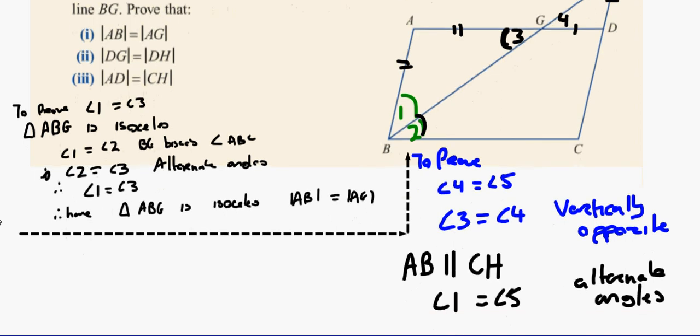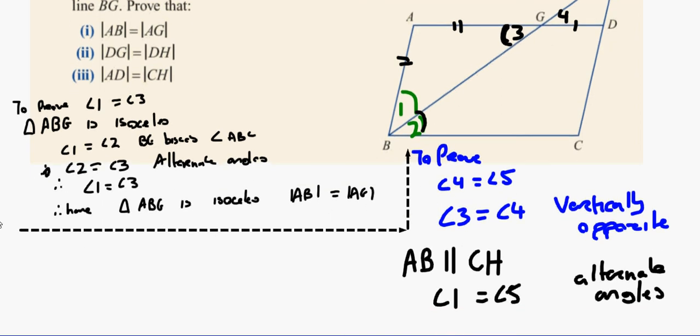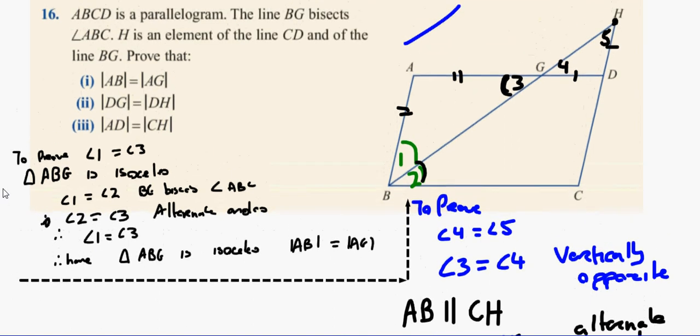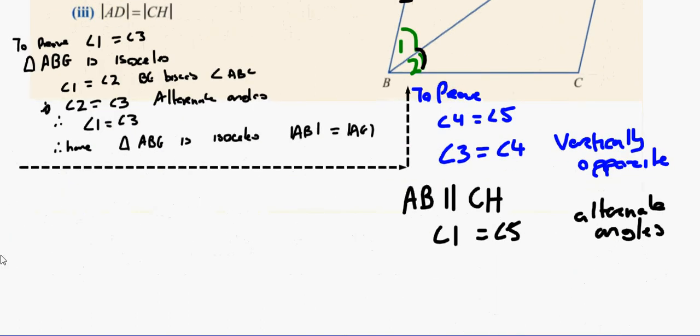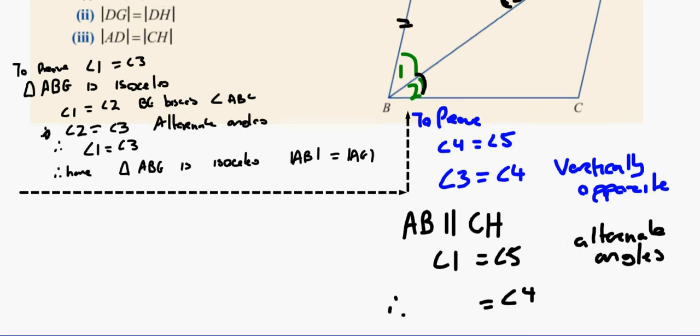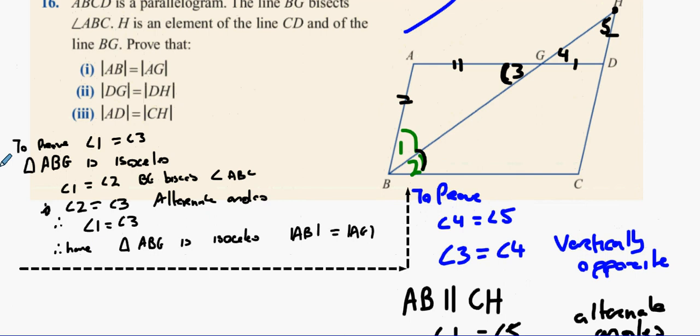And then following that, what we can then say next is that angle 4 therefore equals angle 5. It follows that angle 5 is the same as angle 4, and we know that angle 3 equals angle 1.